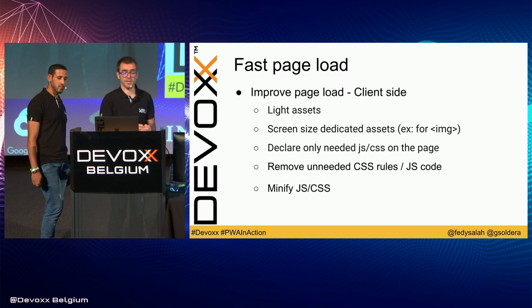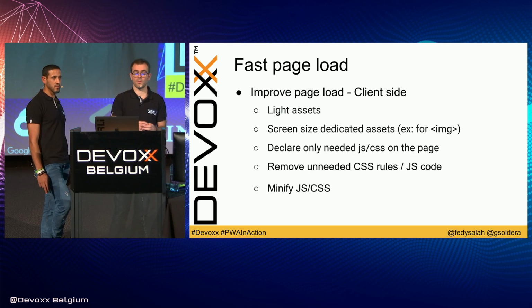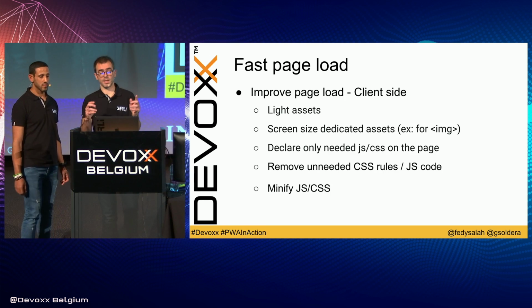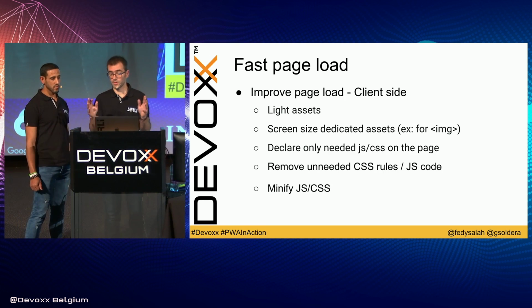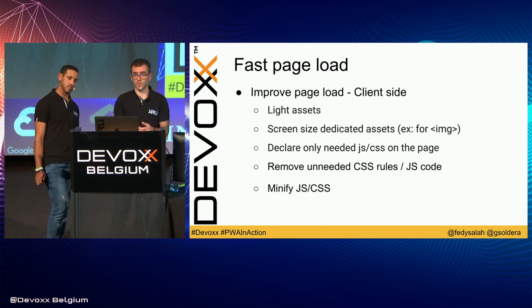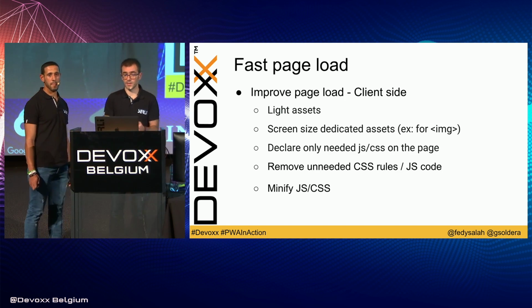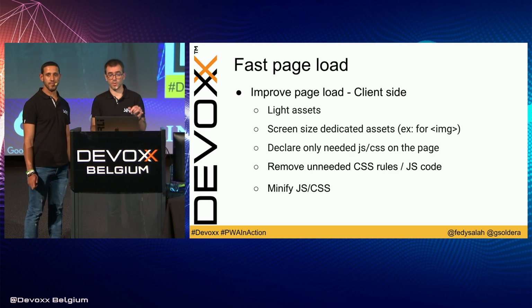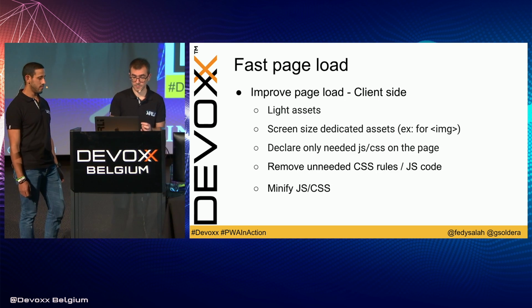In HTML, you have the image tag where you have the srcset attribute where you can set different URLs for different screens. Use it. Your browser is smart and it chooses the right URL for the screen.